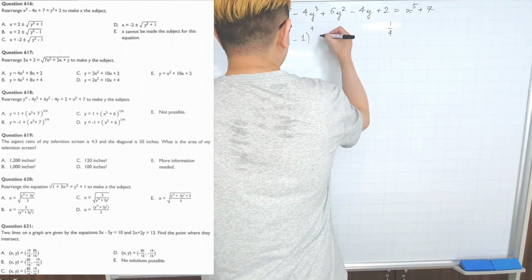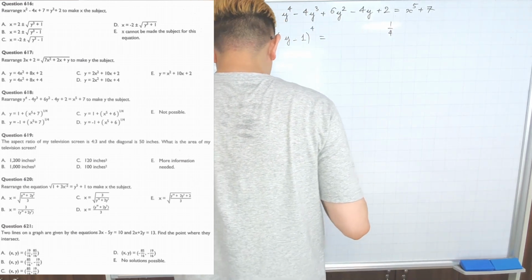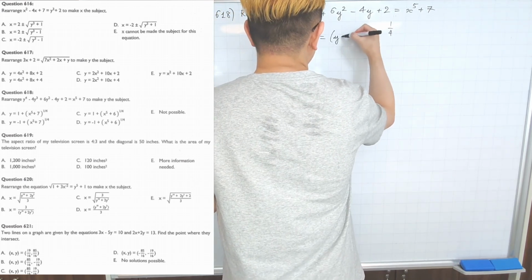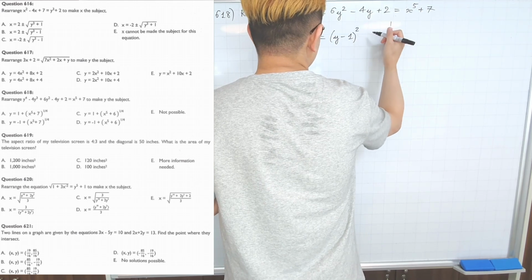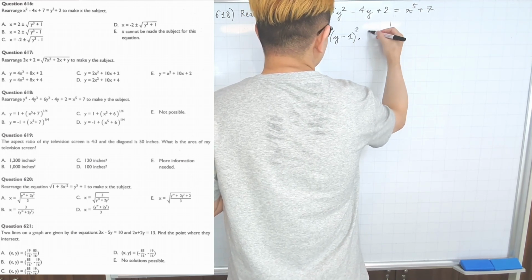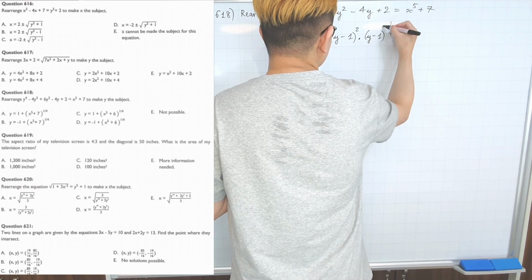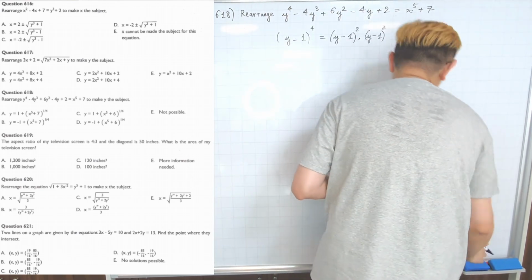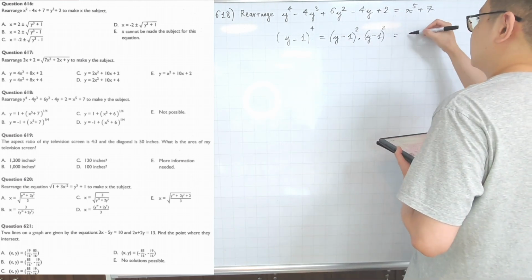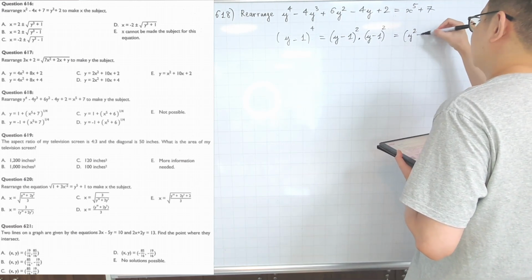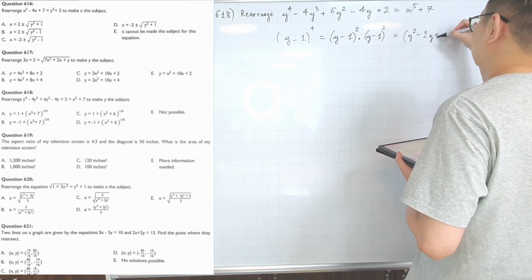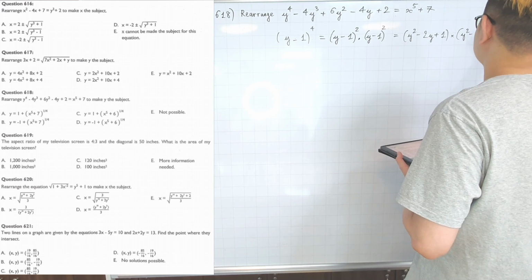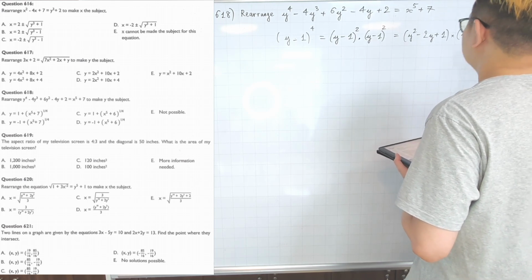So y minus 1 to the power of 4, you can rewrite it this way. It's going to be y minus 1 squared times itself, isn't it? And then you expand the square, you're going to have y squared minus 2y plus 1, times the same thing. Isn't it?